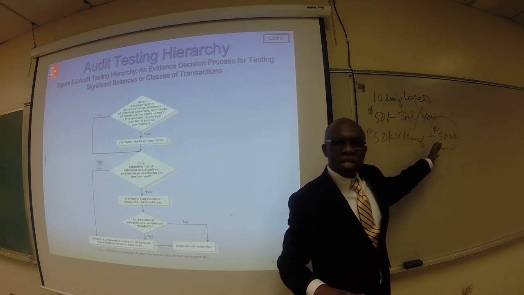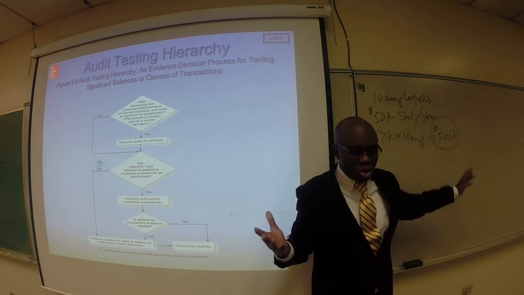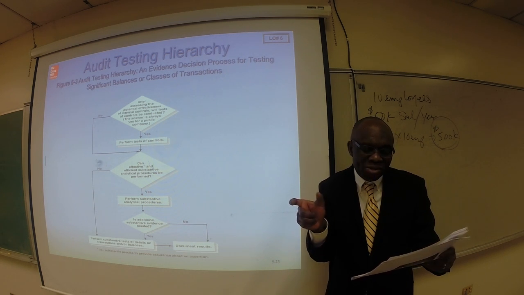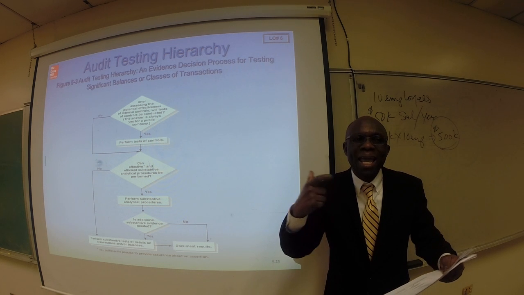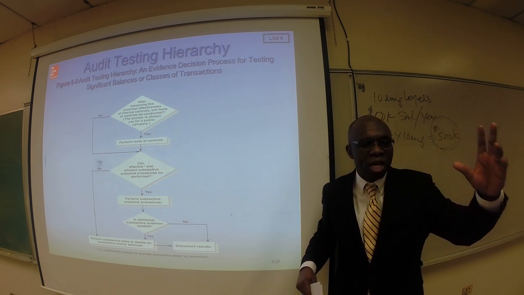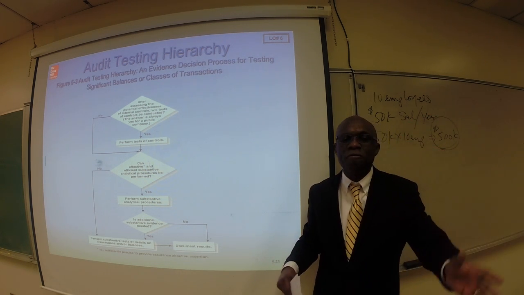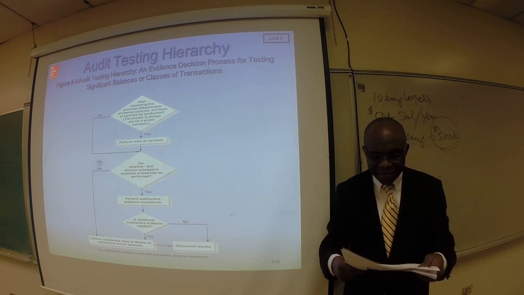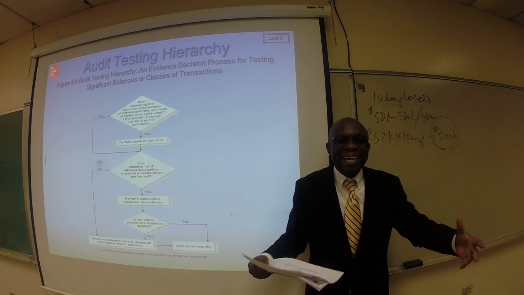If, for example, the income statement reflects $499,000, then we have used a substantive analytical procedure to test that particular account without getting into all the details, like looking for the timesheets of the employees, their contracts, the checks that they receive from the company, and so forth. We just bypass all of those because a substantive analytical procedure is more efficient than doing a lot of digging, all right?